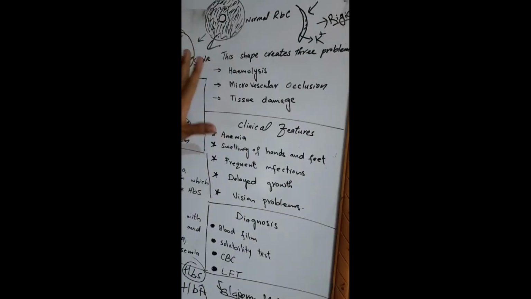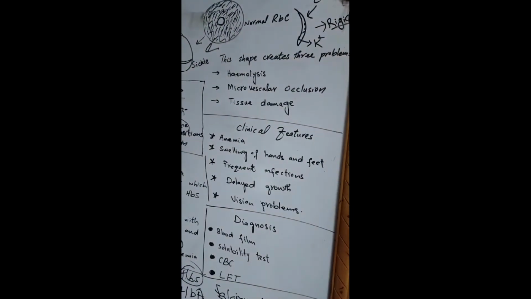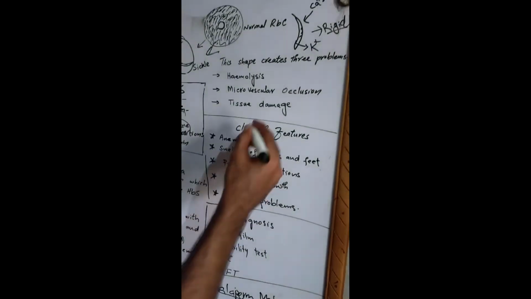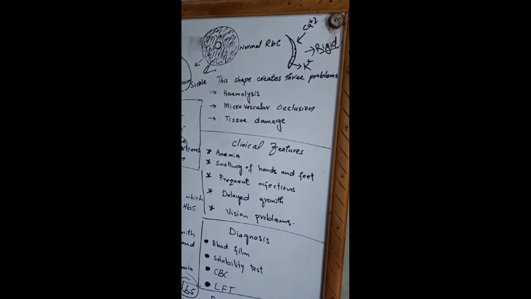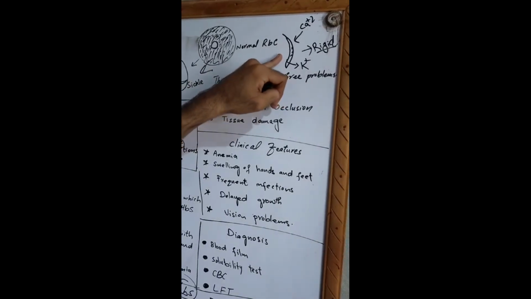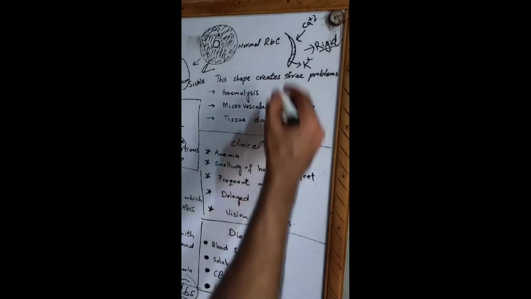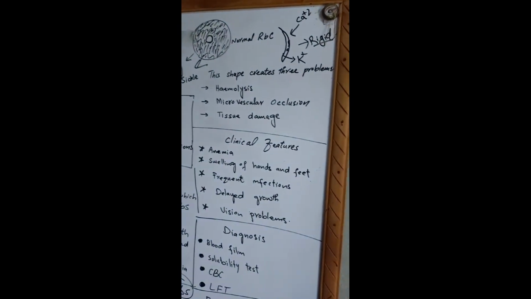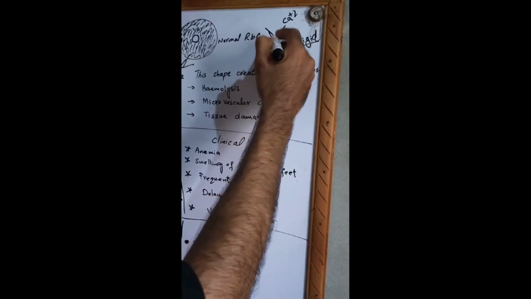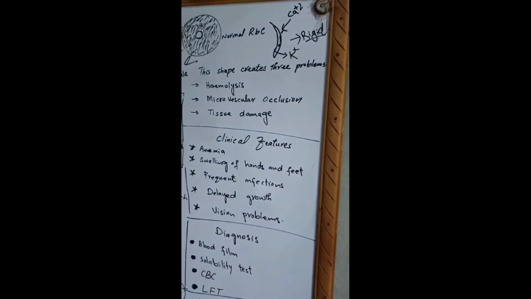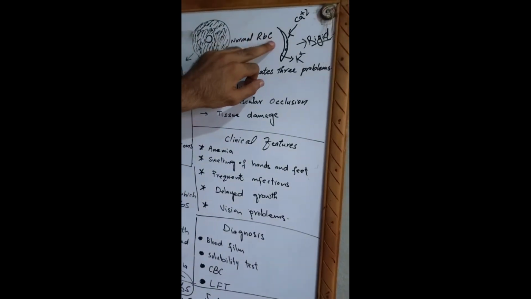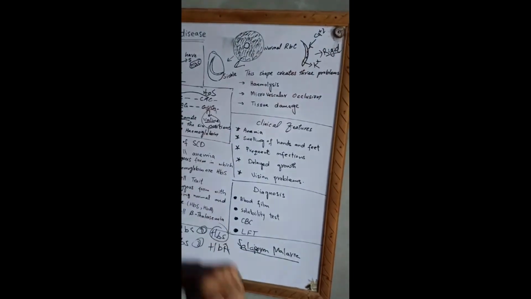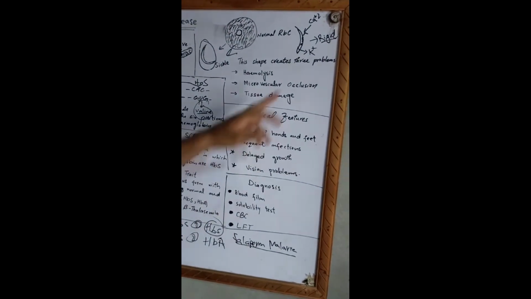Now I will discuss how hemoglobin S causes hemolysis. As we know, hemoglobin S has a sickle shape. There are needle-like polymers of hemoglobin present in the RBC, which will damage the cell membrane, the lipid bilayer. When the cell membrane leaks, there will be an influx of calcium into the cell.